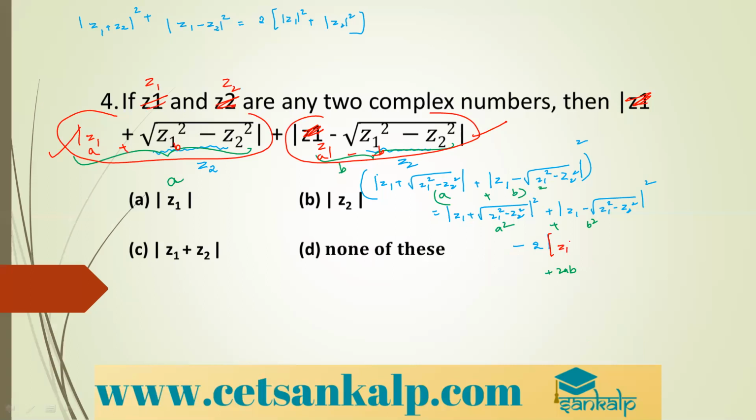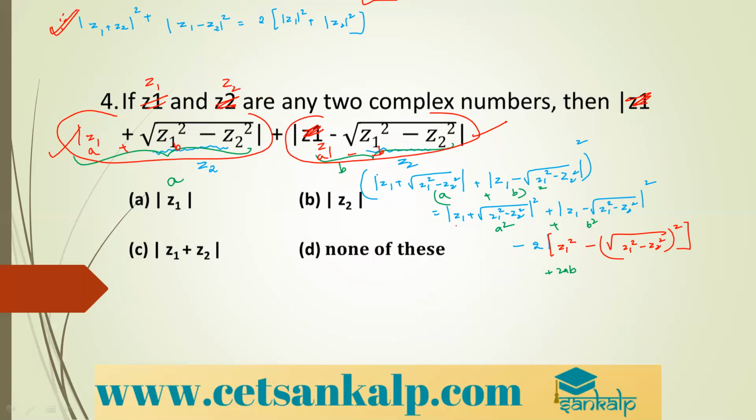So when I multiply A and B, I have to write A square minus B square. So A square is Z1 square minus square root of Z1 square minus Z2 square whole square. A square minus B square, this is what I have. Now here, I will use this formula which I wrote on the top. You can see this formula.